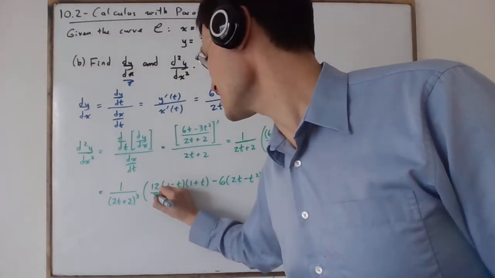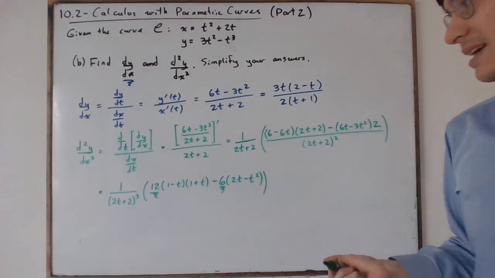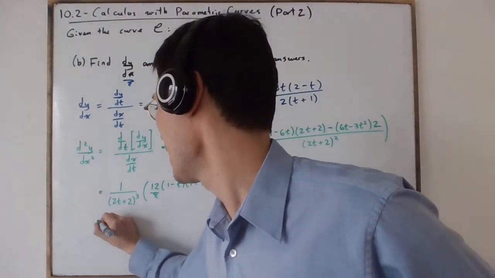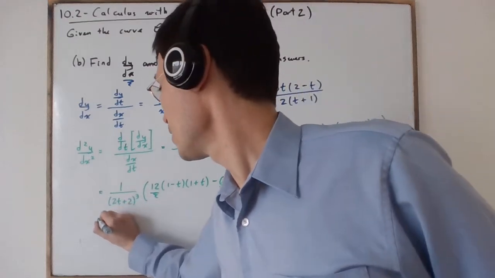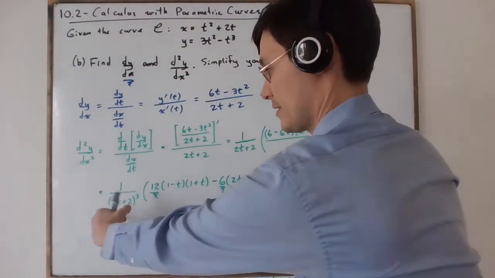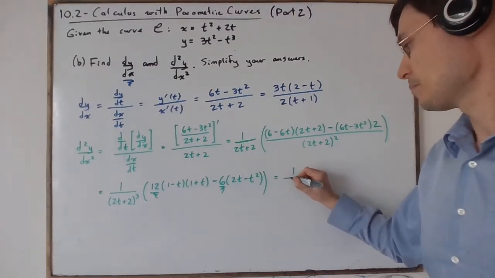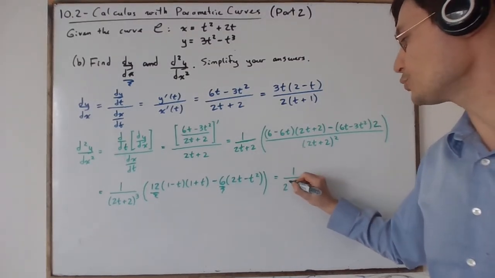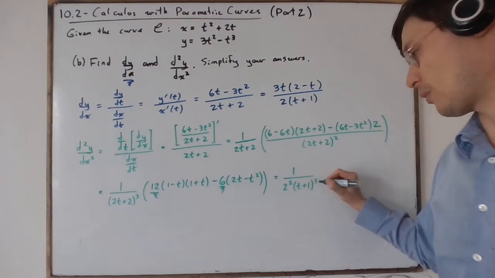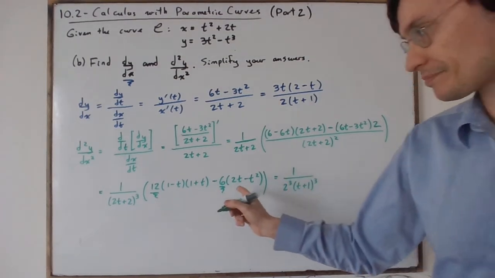Here, if you look at the 12 and the 6, they have a common factor of 6. Let's also work with this denominator. We can actually take out 2 to the power of 3 in order to have t plus 1 to the power of 3 at the bottom.